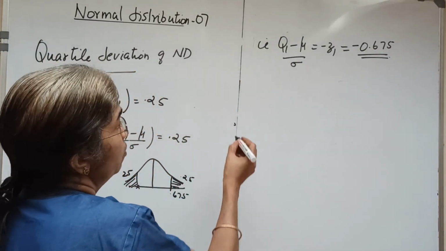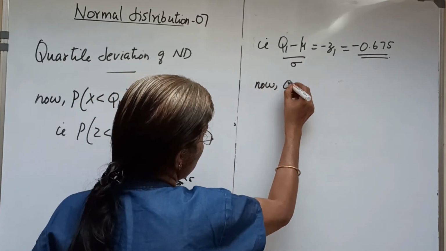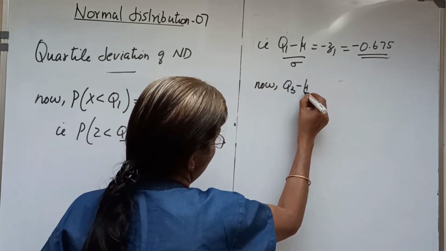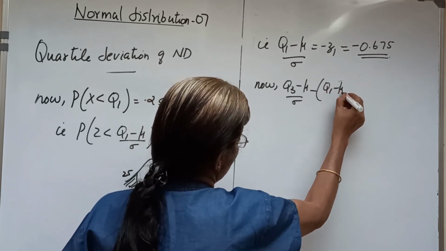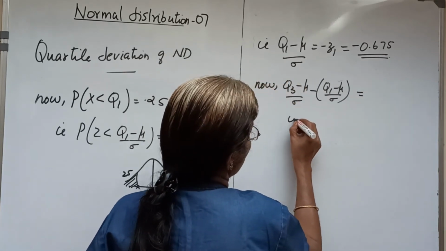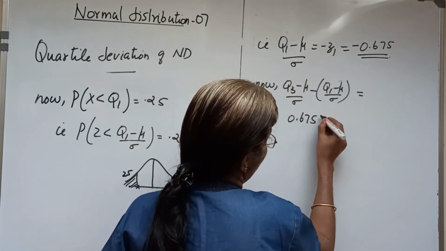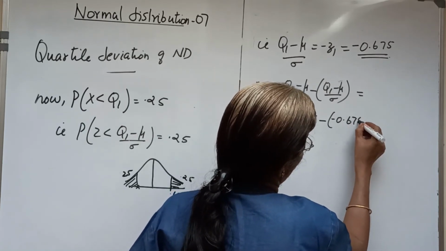Now what happens? (Q3 minus mu) by sigma minus (Q1 minus mu) by sigma equal to 0.675 minus minus 0.675.